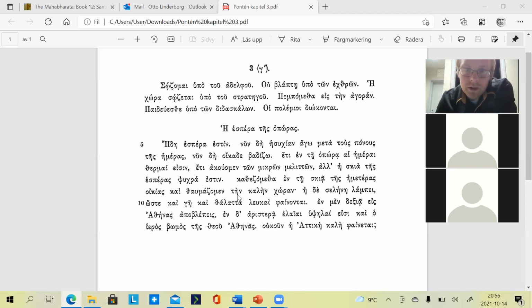The last look white. Yeah, leukai fainonta. Yeah, could be look white. Very good. So that both land and sea. So that and both kai and kai, both and. So that both land and sea white appear or look white, as you said. As if the land and the sea appear white. Yeah.